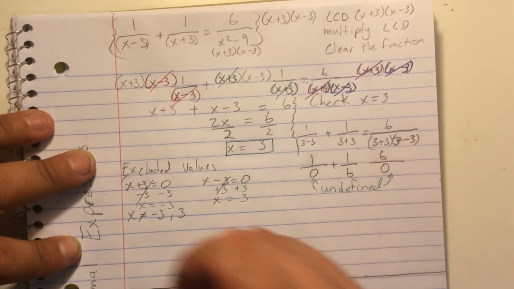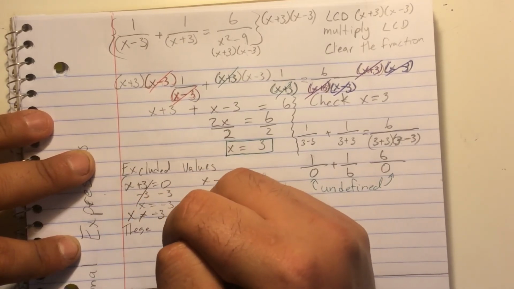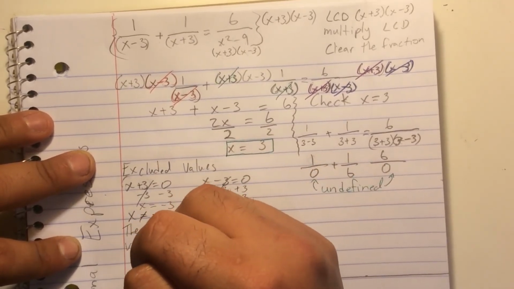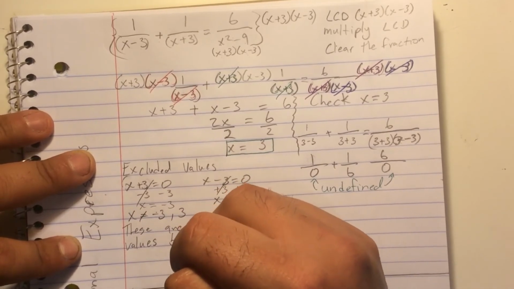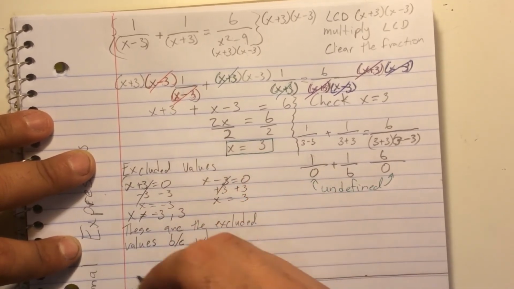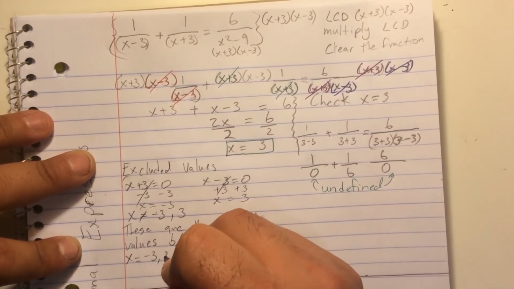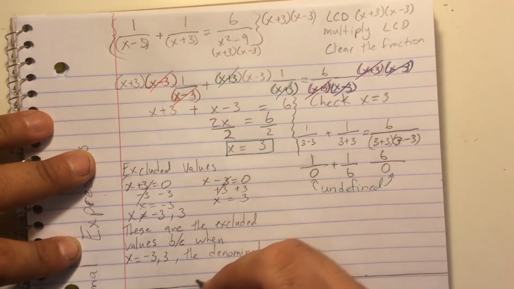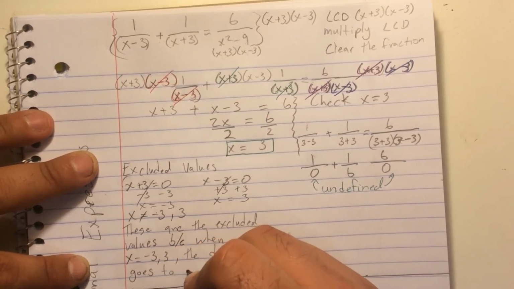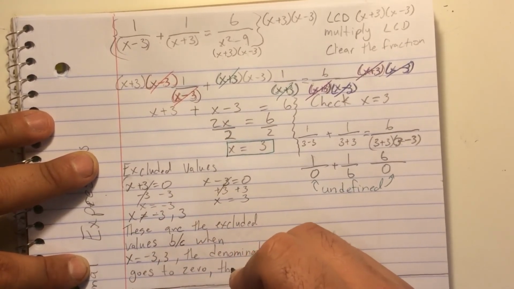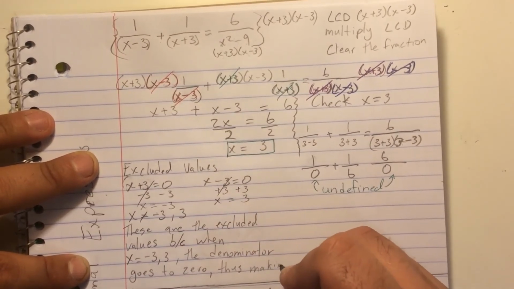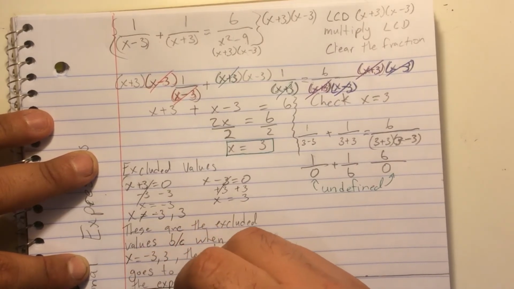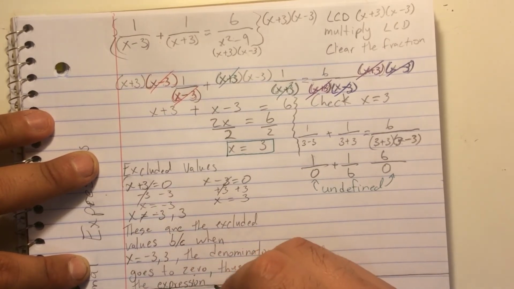Alright, so these are the excluded values because, so I just put BC slash for because, when x is equal to negative 3 and 3, the denominator goes to 0, thus making the expression undefined.